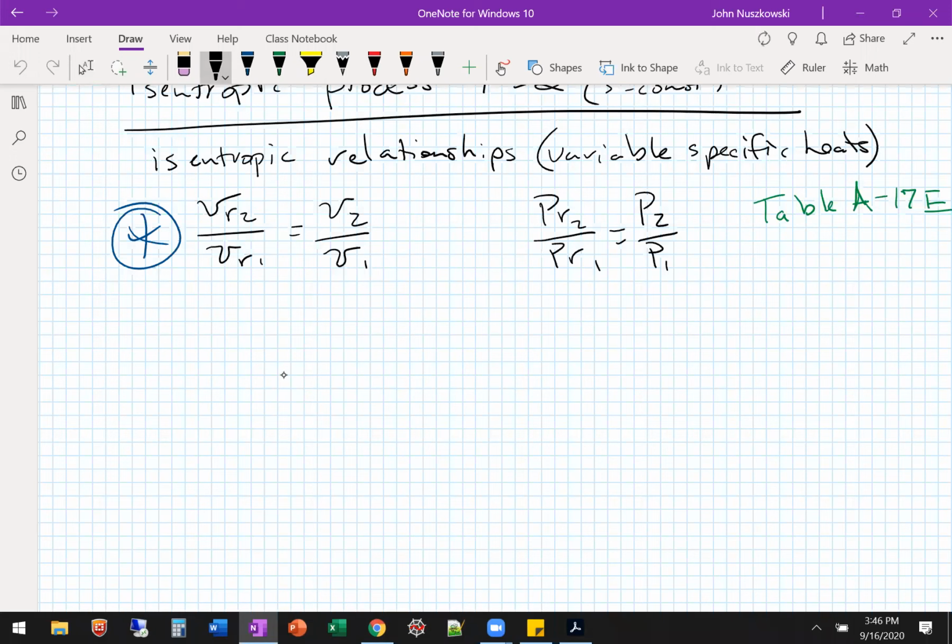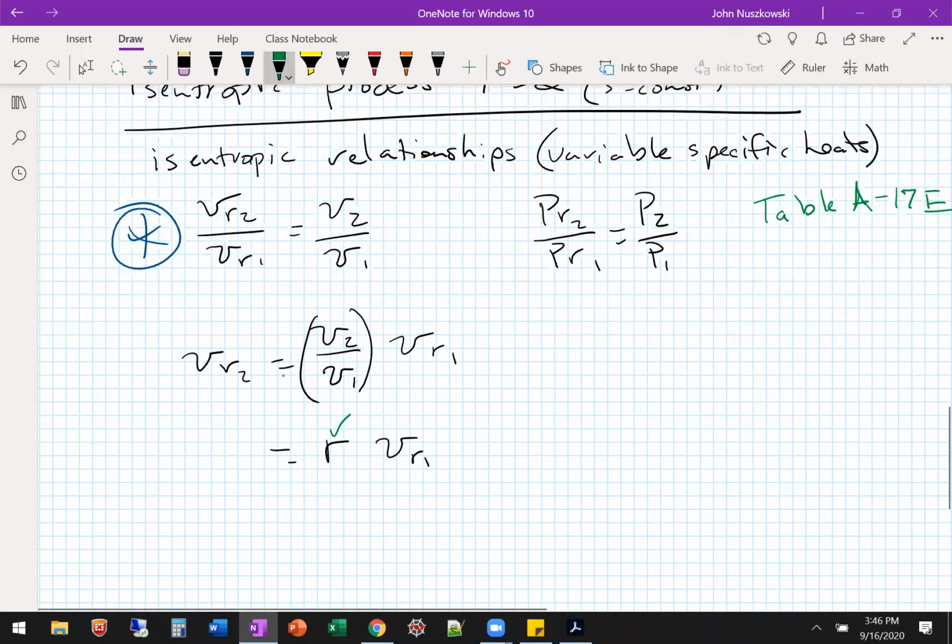So let's rearrange this for state 2. And as we said, this is the compression ratio. So we need this and this.